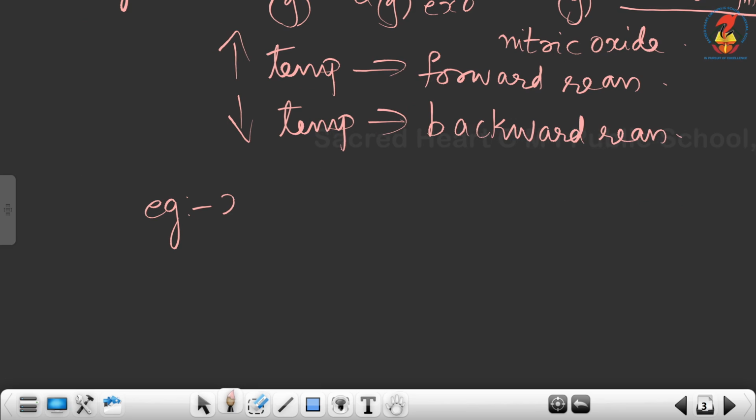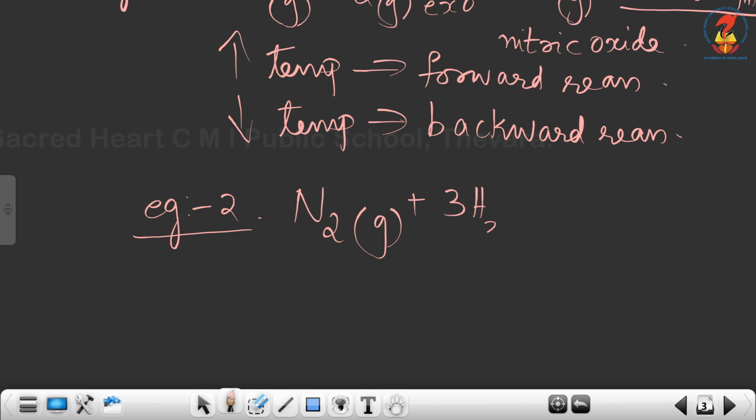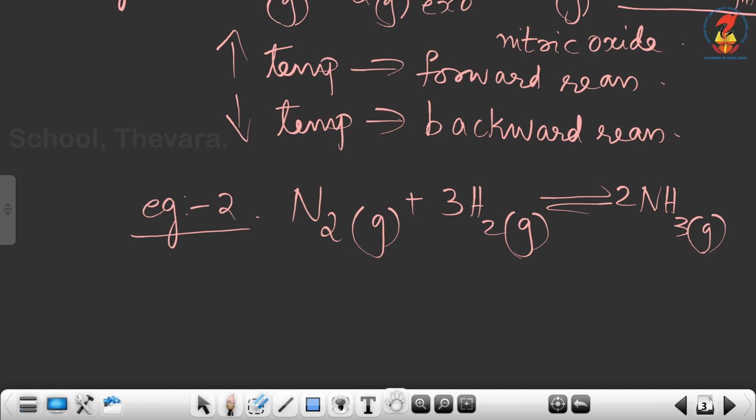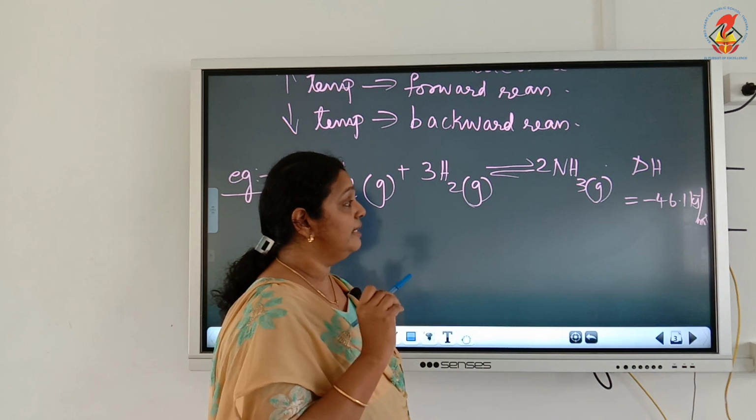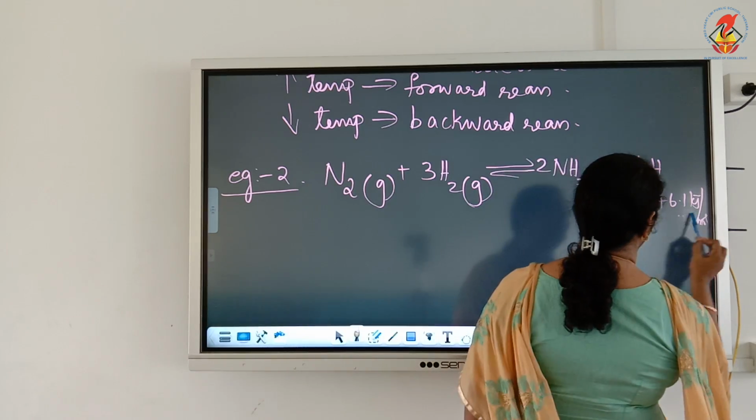Now next see the second example to study the effect of change of temperature. Example 2 is again the formation of ammonia: nitrogen gas plus hydrogen gas in equilibrium gives ammonia gas, and delta H for this reaction is minus 46.1 kilojoule per mole. You can see the delta H value in this case is negative.